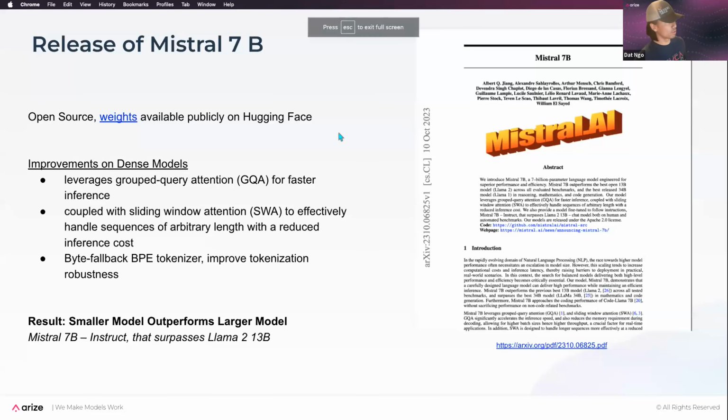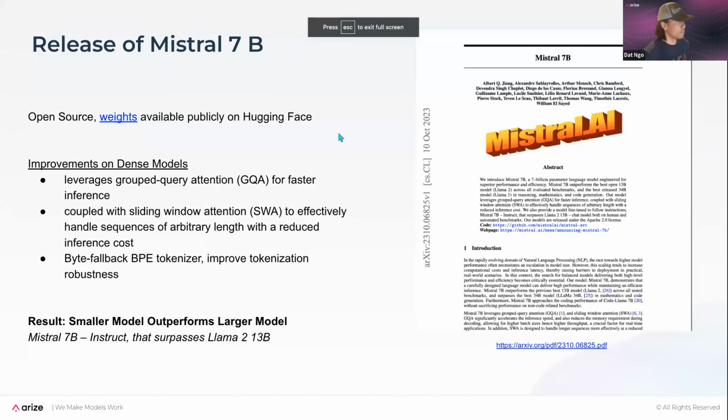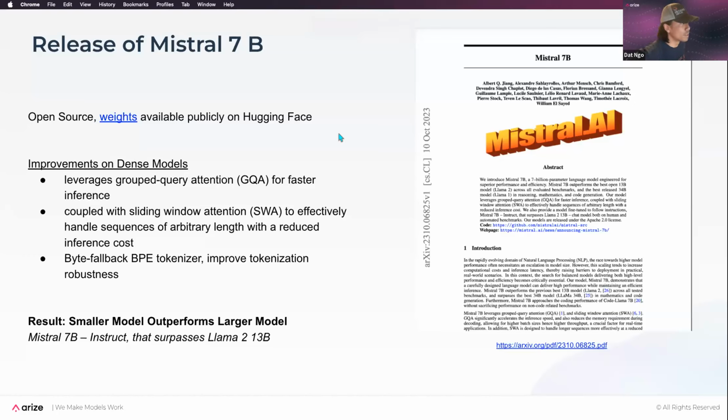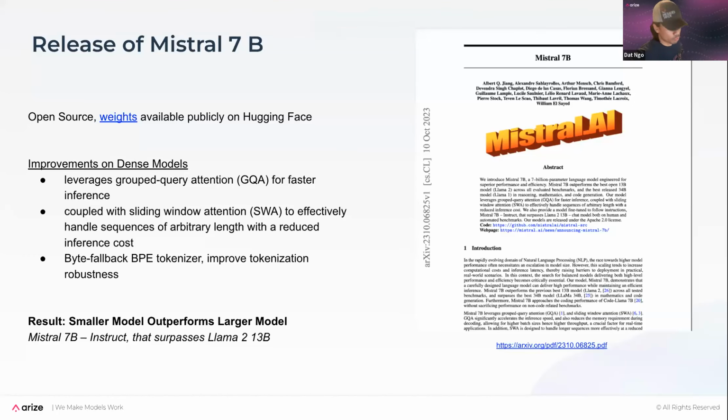There are three things I really want to highlight here. The first is grouped query attention, which we'll go into in depth, but essentially it helps us create faster inference at inference time. The second is sliding window attention, which helps us reduce costs and not have so many computations when we're dealing with extremely long sequences.